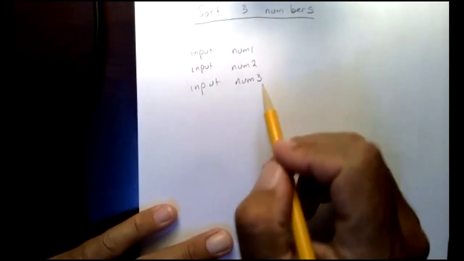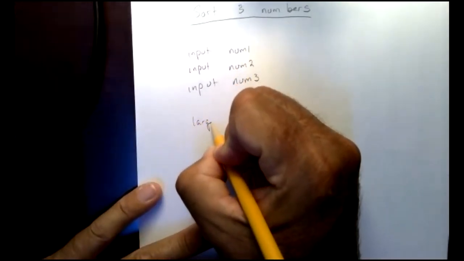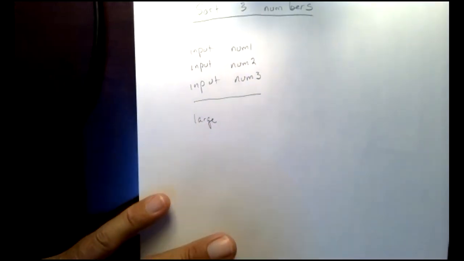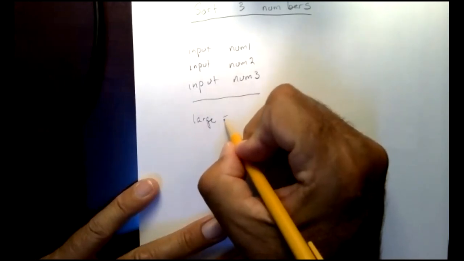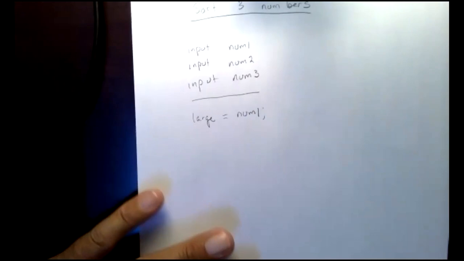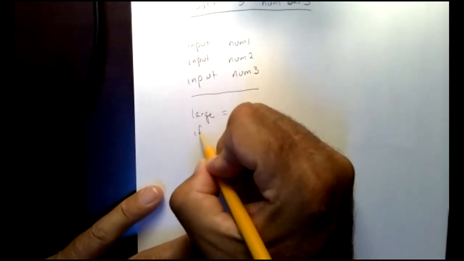I'm going to start with what's the largest number. And again, there are so many ways to do this. And I'm going to show you a quick algorithm. I'm going to say, let's let large equal num1. Sound good? Okay. I'm just going to use two if statements.